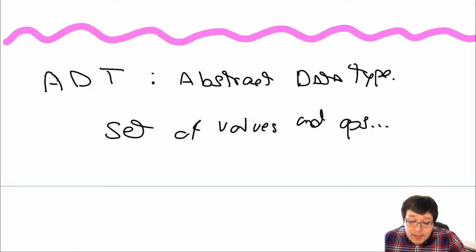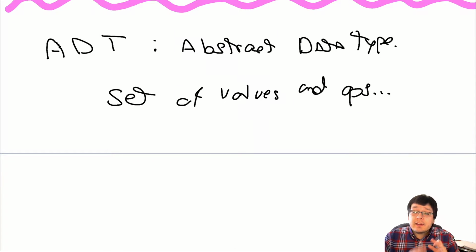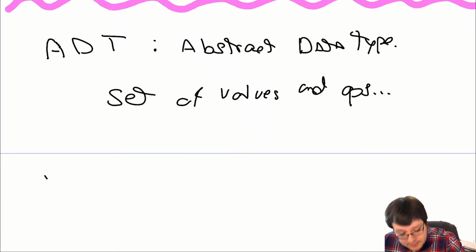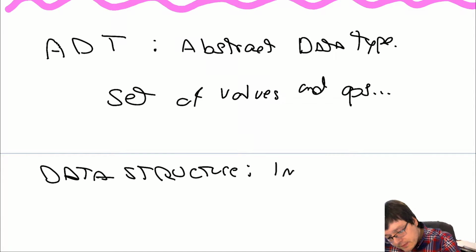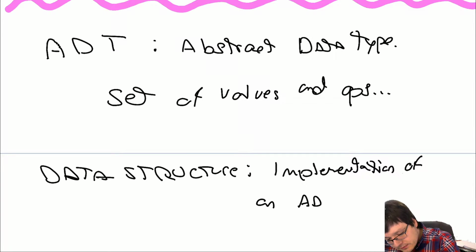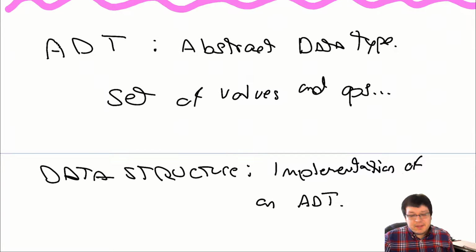And so a data structure is basically an implementation of an ADT. Not like the security company, okay?